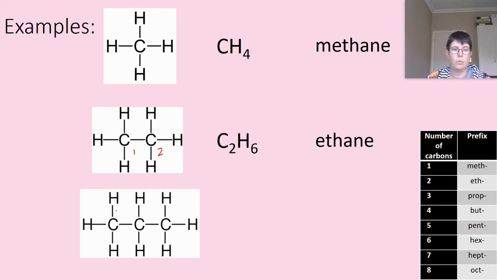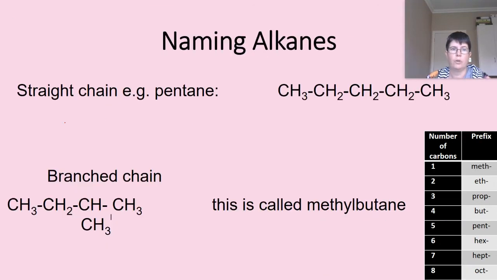This one has 1, 2, 3 carbons all in a straight line, so it is C3H8 and it is propane. So that's how you name straight chain alkanes. You just count the number of carbons, 1, 2, 3, 4, 5, and then it's an ane for alkane.